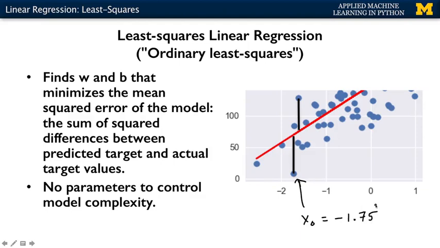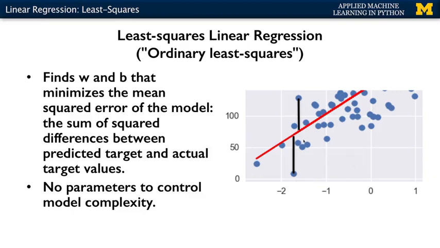And if we plug it into the formula for this linear model, we get a prediction here at this point on the line, which is somewhere around, let's say, 60. But the actual observed value in the training set for this point was maybe closer to 10. So in this case, for this particular point, the square difference between the predicted target and the actual target would be 60 minus 10 squared.